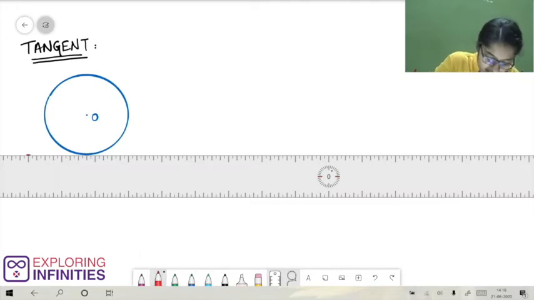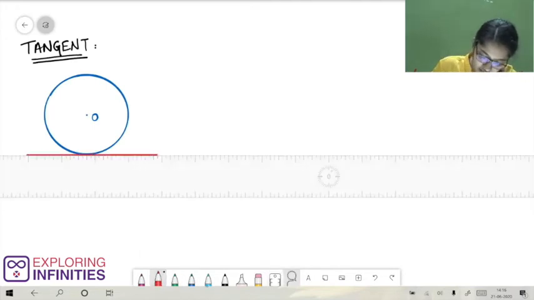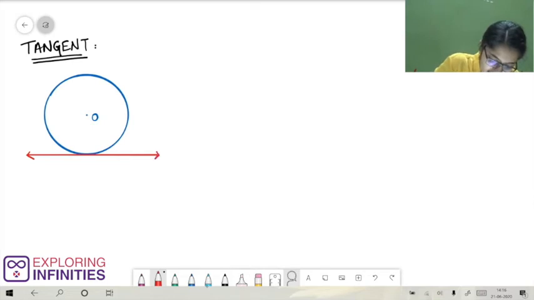Let us learn some more points about tangent to the circle now. We can recollect that tangent is a line which intersects the circle at a single point, or we can say which touches the circle at a single point, and this point is known as point of contact of the tangent and the circle. As we saw in the definition of circle, a circle has infinitely many number of points.